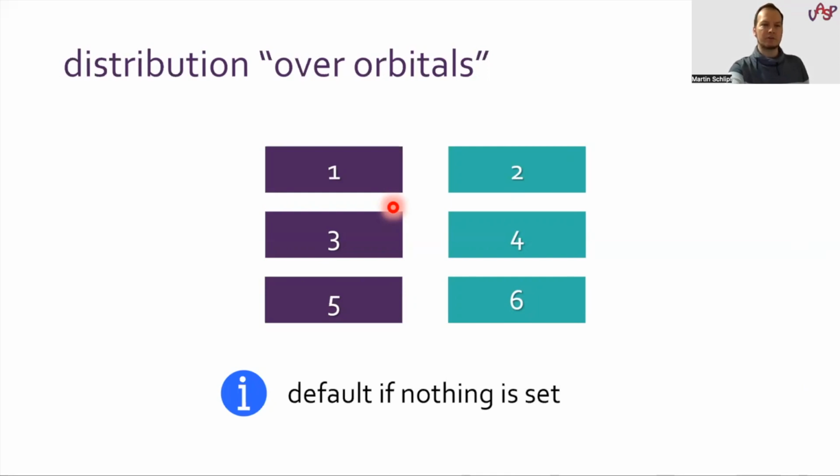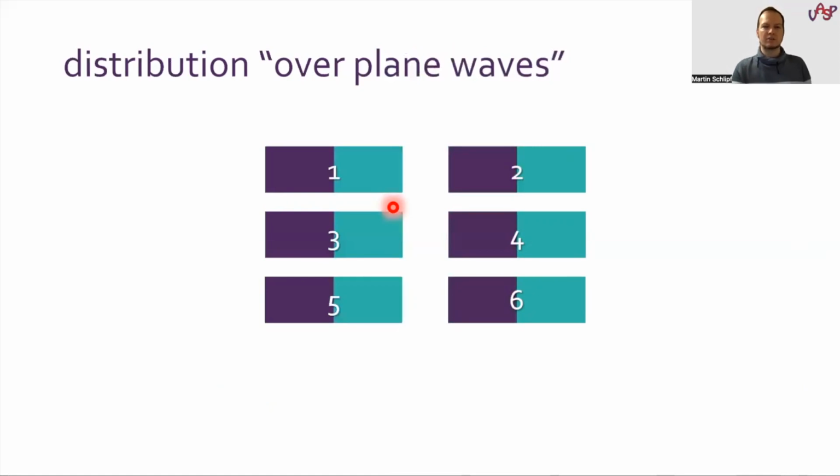Then the other option was to parallelize over the plane waves. So now an alternative is, again, we have two CPUs, but now we set in the INCAR file NCORE equals 2. And this leads to a different distribution. In this case, all bands are shared by the CPUs, and half of the G vectors of this band are on one CPU and the other half on the second one.